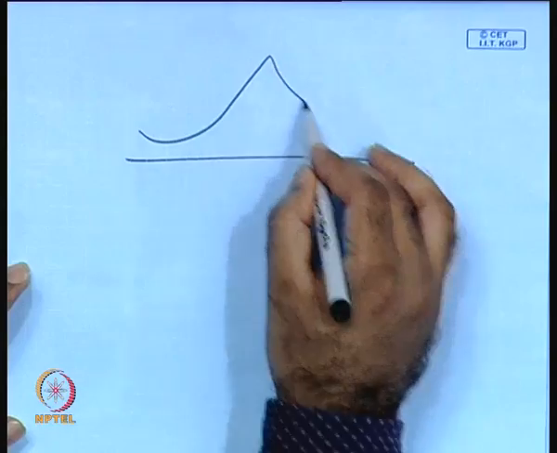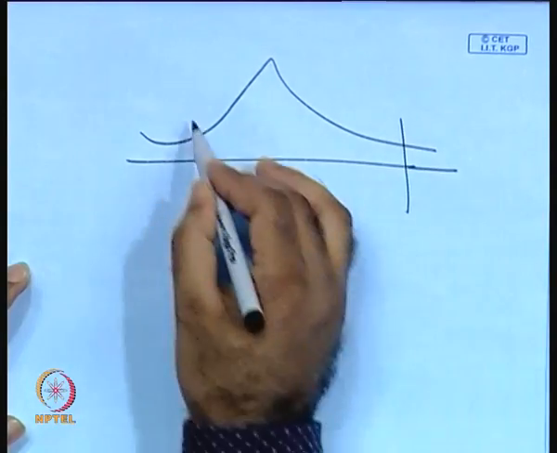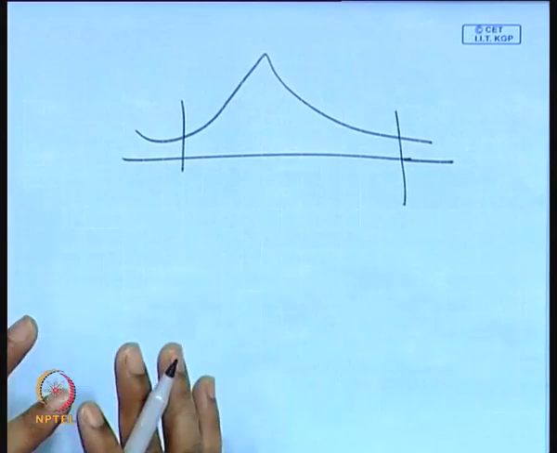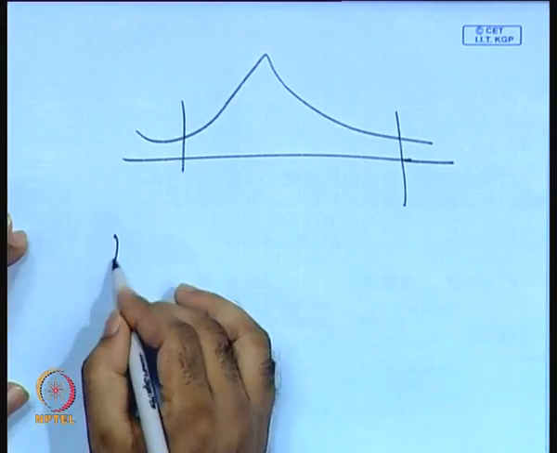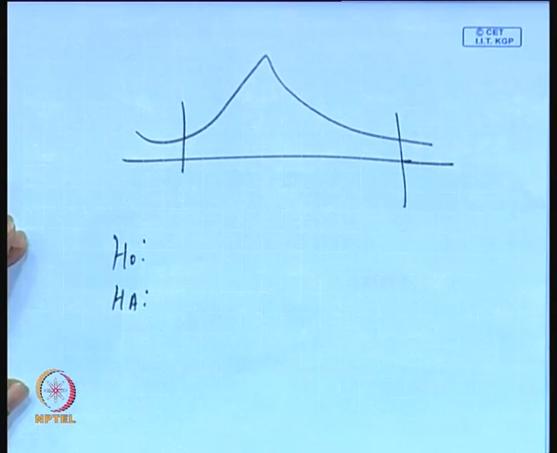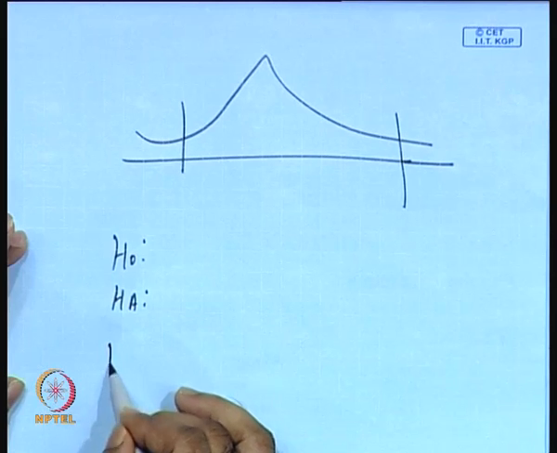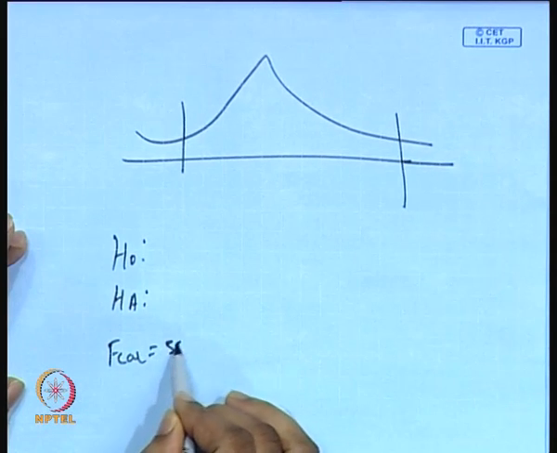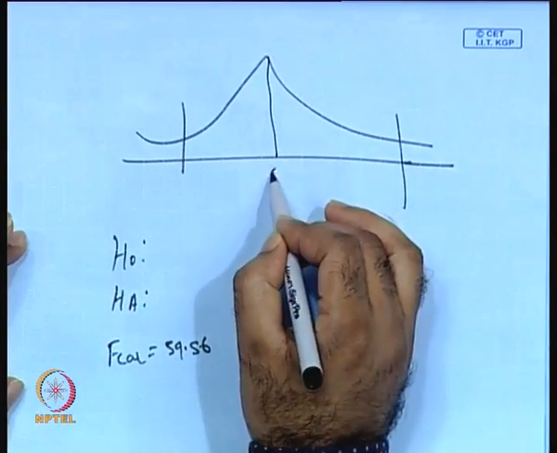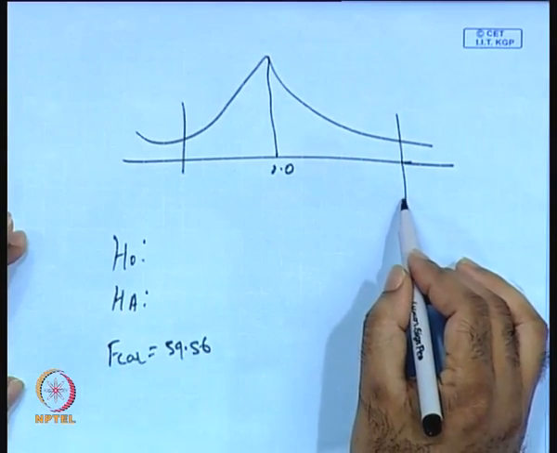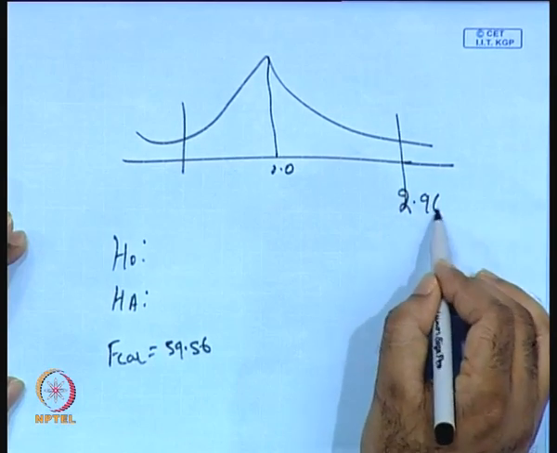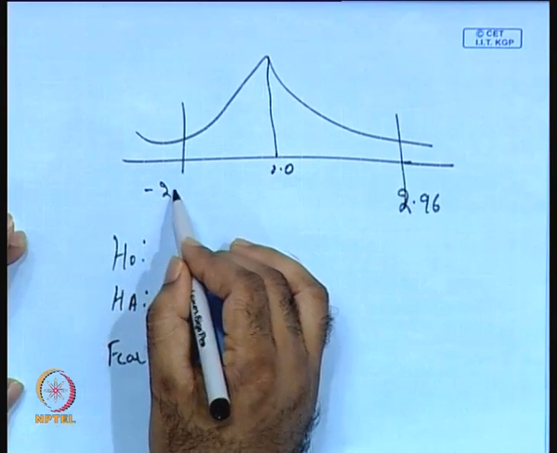Once you get F, you go for the statistical significance of this particular test. We assume this item is equal to 0, so you have to set up the null hypothesis and the alternative hypothesis. Then we have the calculated statistic: F calculated is equal to 59.56. Let us assume the tabulated value is 2.96, and on the other side minus 2.96.